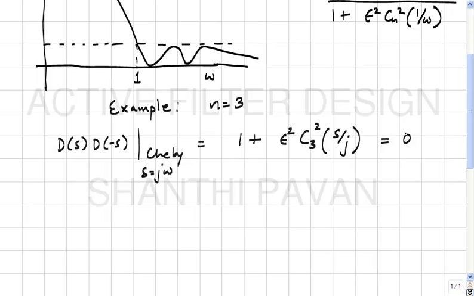The poles of the inverse Chebyshev are simply, to get the denominator D of s for the inverse Chebyshev, what do you need to do? Replace s by 1 by s, or equivalently, if the original polynomial was a1 s cube plus a2 s square plus a3 s plus a4, then the polynomial for the inverse Chebyshev will be a4 s cube plus a3 s square plus a2 s plus a1.